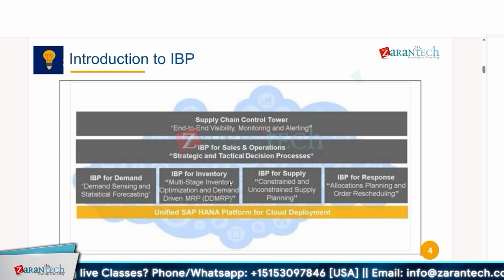This will give you a gap of demand versus supply, and this will put some actions on the supply planning organization, to maybe install one more machine so that the capacity is increased, or to identify an additional vendor or raw material sources to get more raw material supplies in place. So this is how it operates.